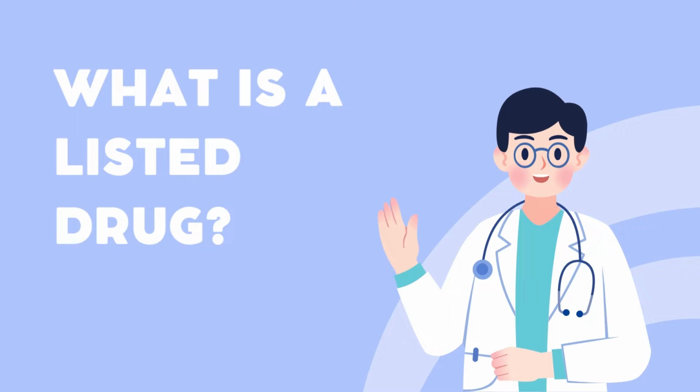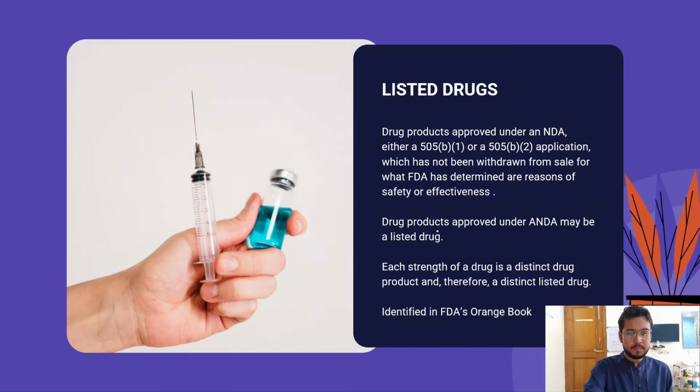Now let's understand what a listed drug is. Any drug product which is approved under an application, whether it is a 505(b)(1) application or 505(b)(2) application, and the drug is still in the market and has not been withdrawn from the market due to a safety or effectiveness reason, is a listed drug. The drug products which are approved under ANDA are also listed drugs.